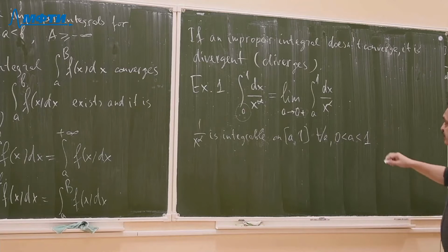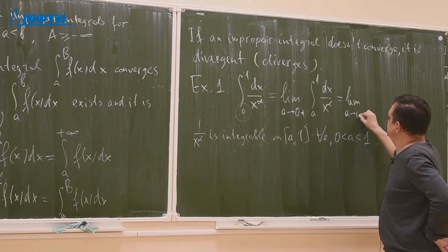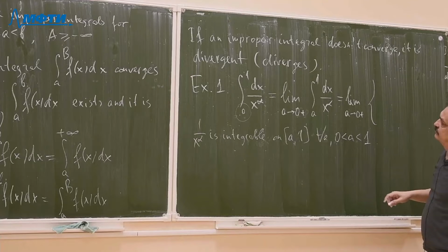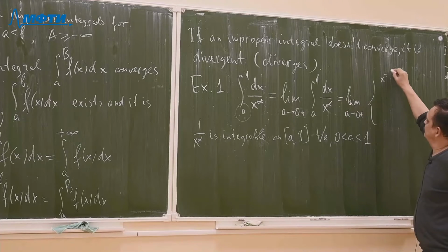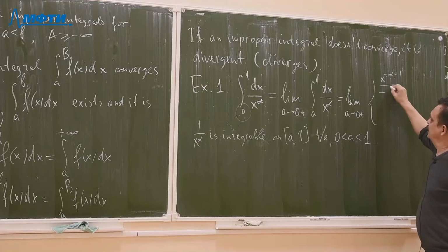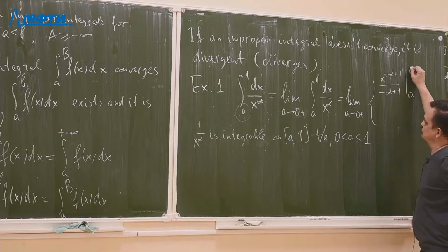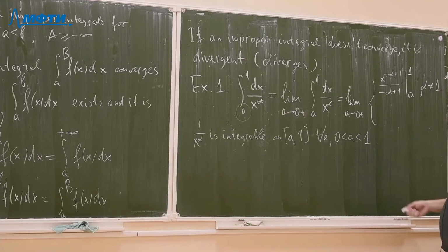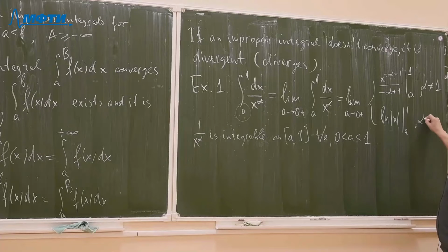We know what this integral is, so limit as a tends to 0 plus of what? It is either x power minus alpha plus 1 over minus alpha plus 1, substitution from a to 1 for alpha not equal to 1, and logarithm of x if alpha equals 1.